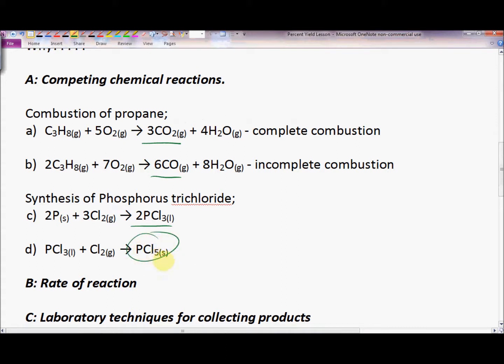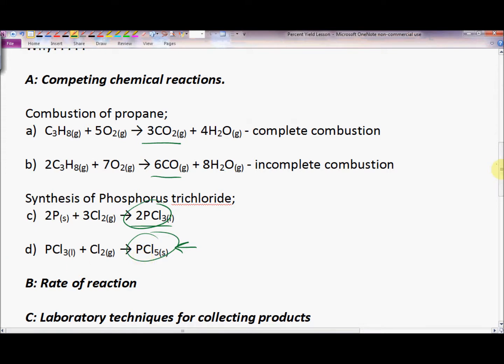So some of the phosphorus and some of the chlorine from the original reactants are being used up to make this instead of that. And so our stoichiometric calculations don't seem to make sense, because there's this competing reaction happening. Reaction D is the competing reaction.